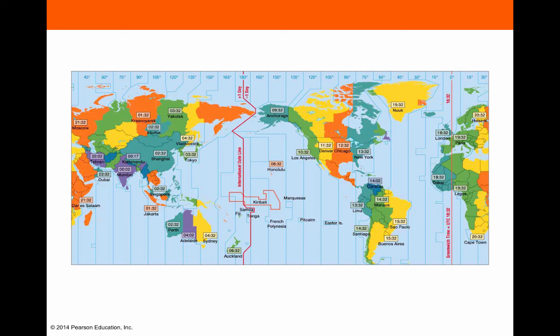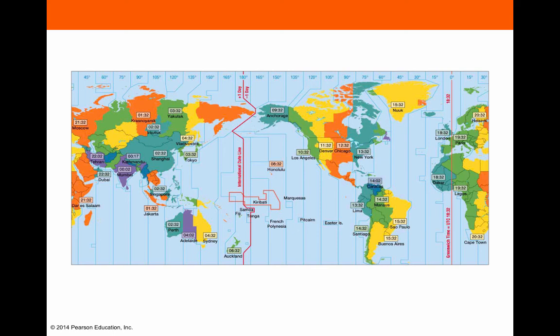Therefore, if it is 6:32 a.m. Monday in Auckland, as it is, then when you get to Honolulu, it will be 8:32 a.m. Sunday, because the international date line lies between Auckland and Honolulu.